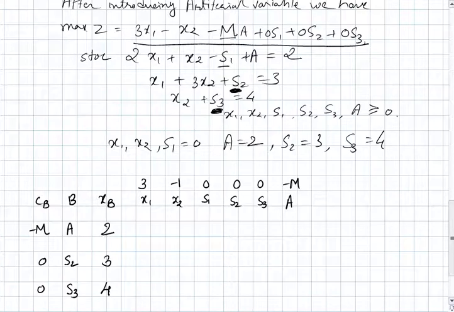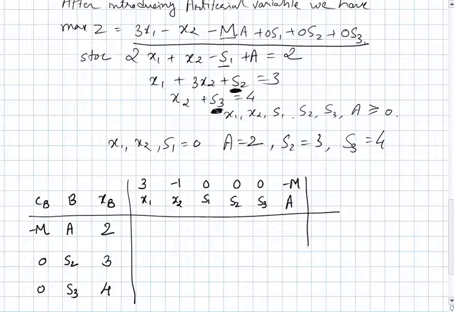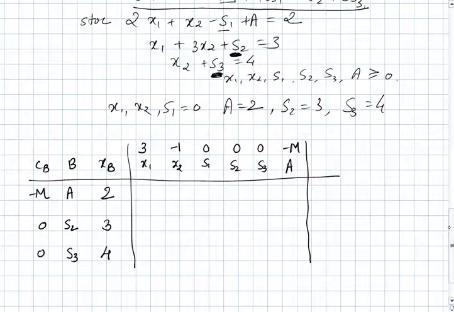Now write the coefficient table from the simplex situation, meaning constraints. So here it is 2, 1, then minus 1. Here these variables are not there in the first constraint, and this is 1.